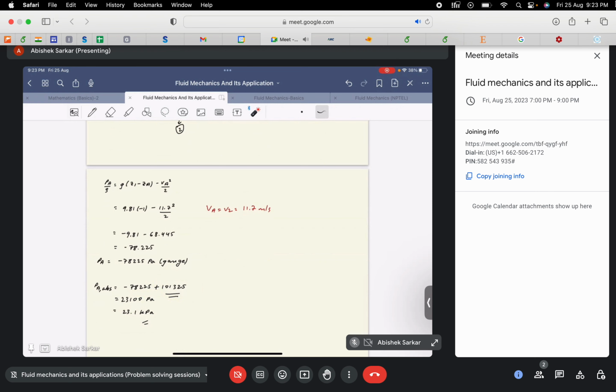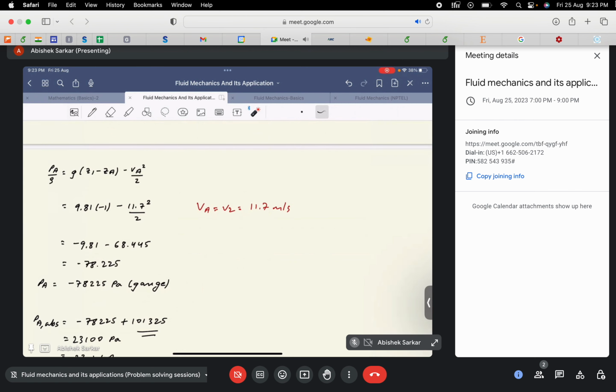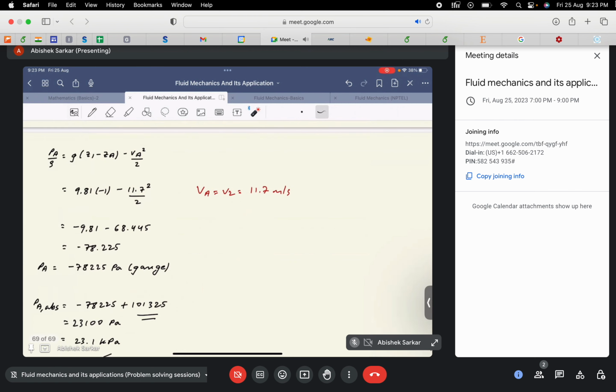So I guess that will be it for today's session. There are some more problems in a PDF that I will be sharing, so you can go through the PDF for your reference and check whether you are able to solve similar problems that will be in the assignments.